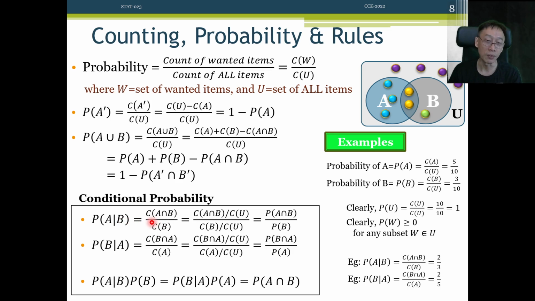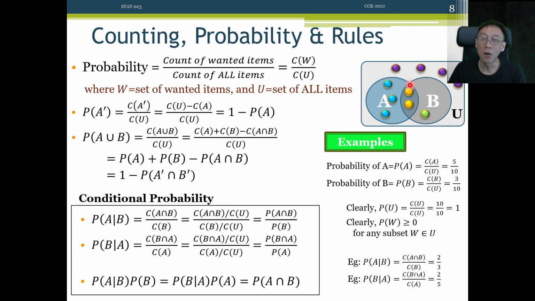So you notice that the definition is count of everything that is in A and also in B. Actually, it will be count of everything that's in B that also belongs to A. So it's more like already inside B, but that part that is in A, then divided by the count of B itself.